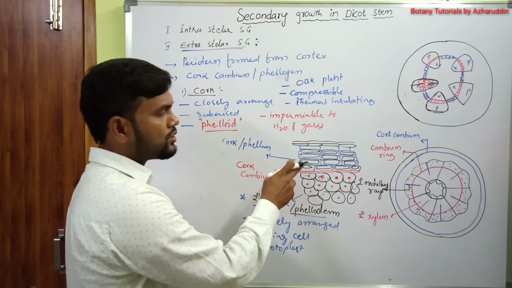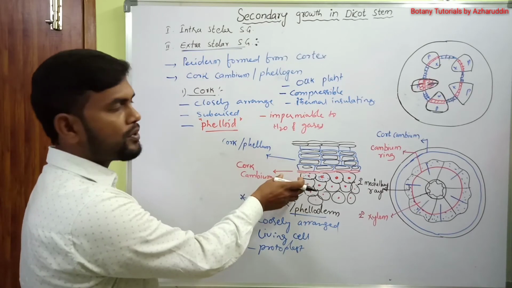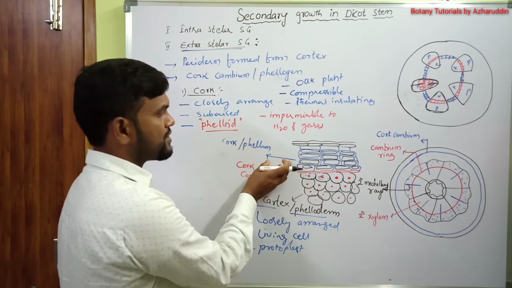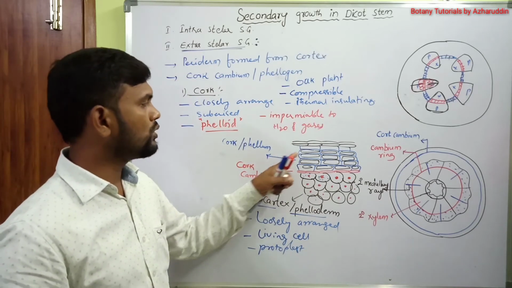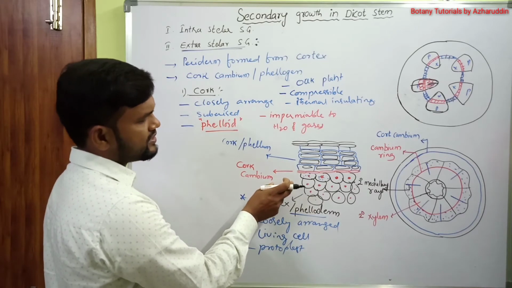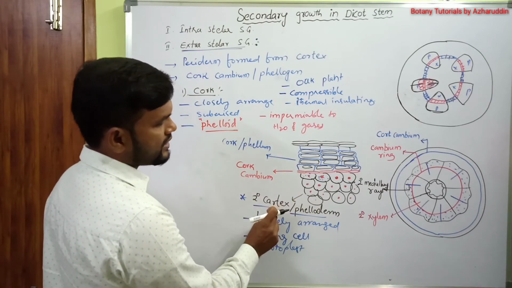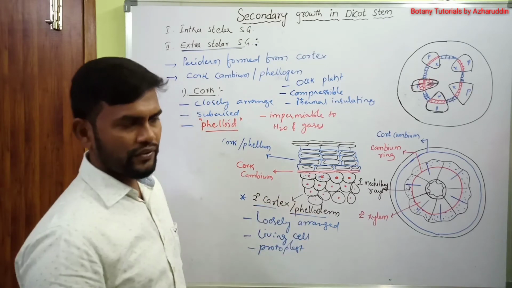As the secondary growth occurs in the cortex, the cork is formed in the cortical region below the epidermis. It is impermeable to gases and water, so gaseous exchange does not occur in the secondary cortex, and the secondary cortex will be affected.